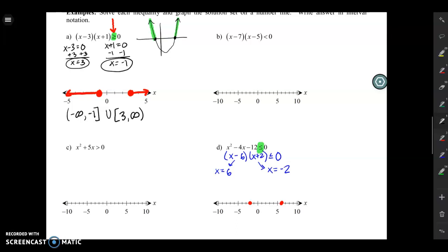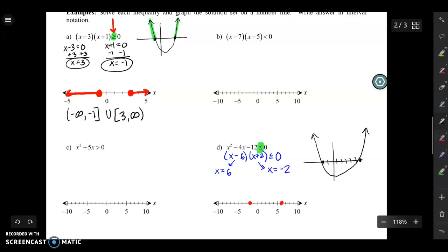Now I'm going to sketch a super rough graph of what this would look like if I were plotting it on an xy plane. So I have an x-intercept at -2, and then 1, 2, 3, 4, 5, 6. So I have those two x-intercepts. And my parabola, again, is opening up because my a value is positive. So it's pretty sloppy, but it's going to look something like that.